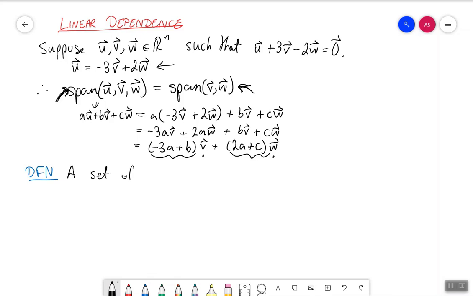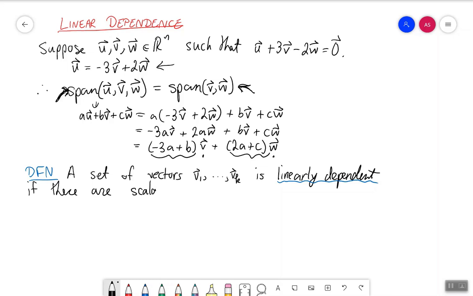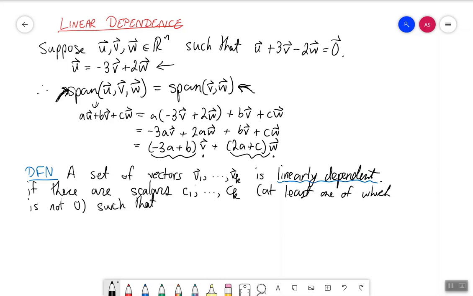A set of vectors v1 through vk is linearly dependent if there are scalars c1 through ck, at least one of which is not 0, such that we have a dependency similar to this: c1 times v1 plus dot dot dot plus ck times vk is equal to the 0 vector.